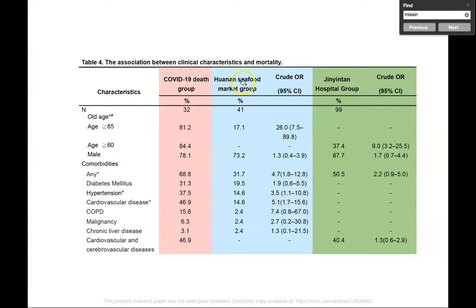The COVID-19 people from the market versus the people who had COVID-19 and died. Here they compared them against people at the hospital. And again, we saw age being the risk factor, people over the age of 60.